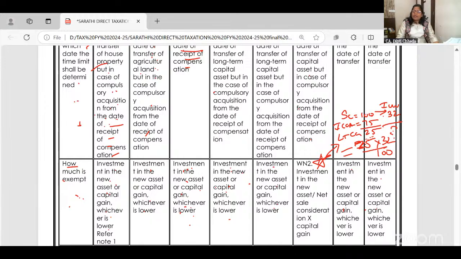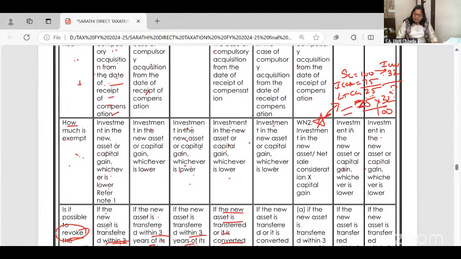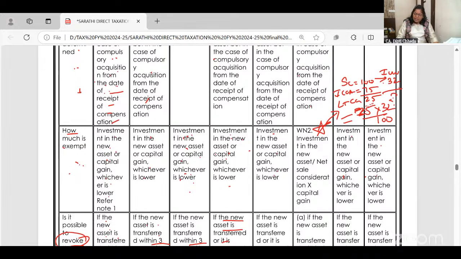Cross multiply, don't mug up the formula. In 32, question mark. And then understand it with the formula. Investment in new asset, 32, divided by net sale consideration, 100, multiplied by capital gain. When you have sold for 100 and you have got capital gain 25, then why did you invest only 32?